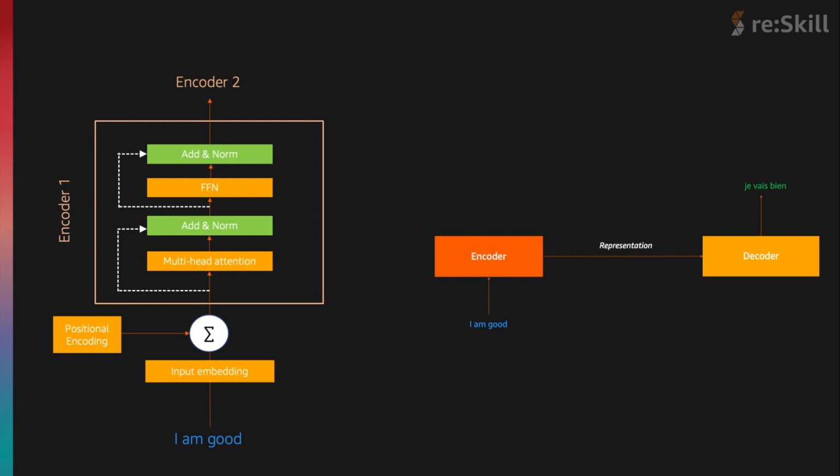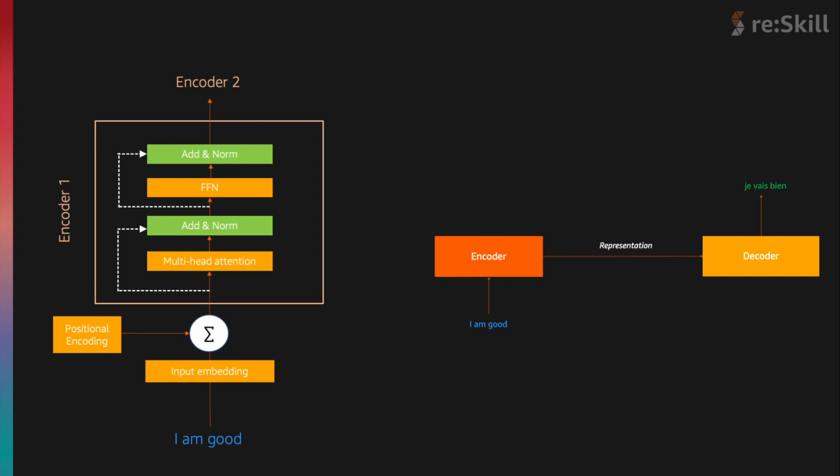Here, the stack shows 2 encoders and only encoder 1 is expanded. We can stack n number of encoders one above another, and the output, that is the encoder representation obtained from the final encoder, the topmost encoder, will be the representation of the given input sentence.